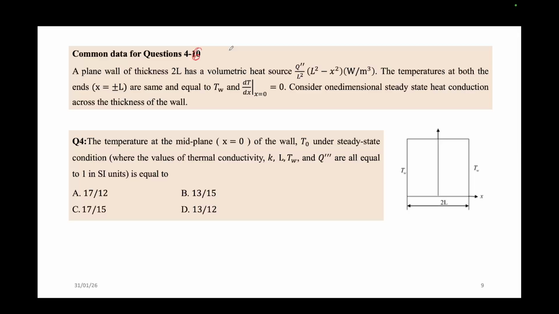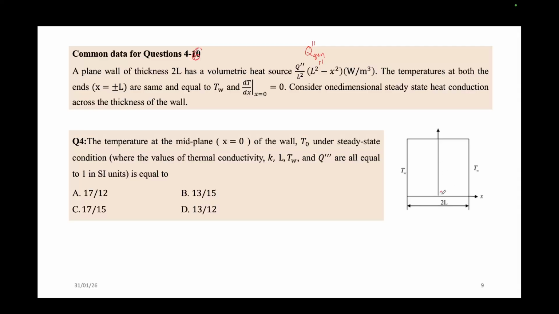So what is given? A plane wall of thickness 2L is given. A volumetric heat source is given. Volumetric heat source means the value of Q generation is given. Okay. Temperature at both ends is given.